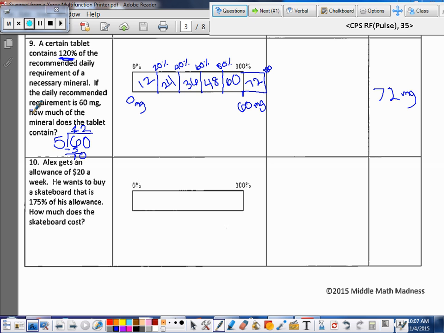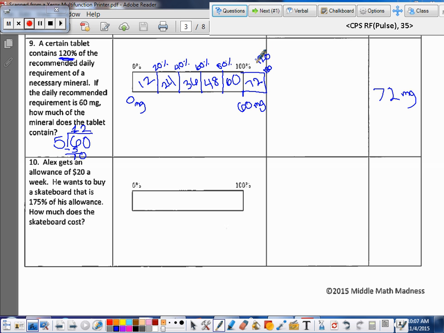What does it say right here in the problem? 120. Right, so I need to go more, that's why. And since I was already counting by 20s, I had 20%, 40%, 60%, 80%, 100%, and then 20 more gives me 120%, which is the percent I wanted.